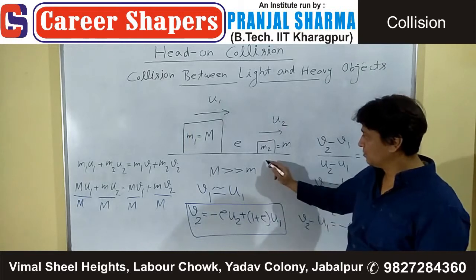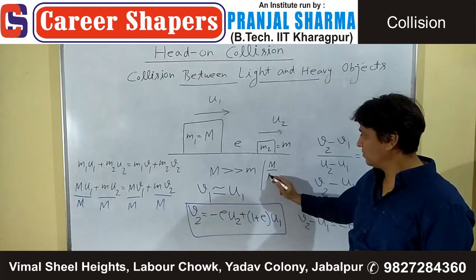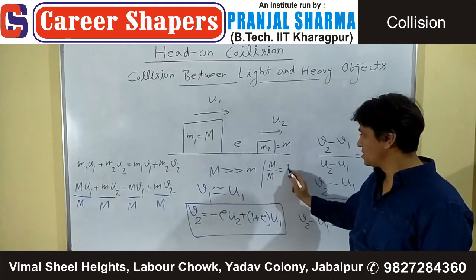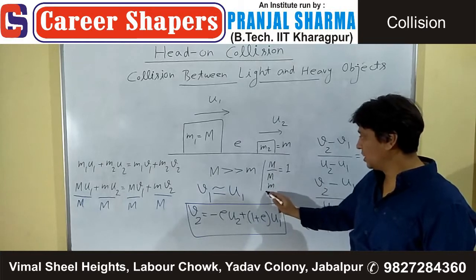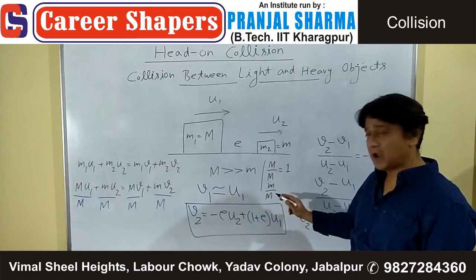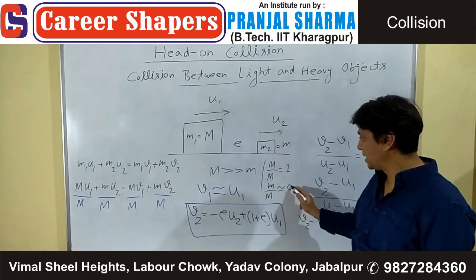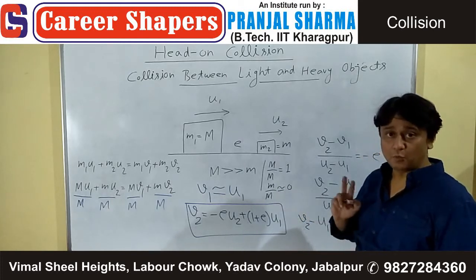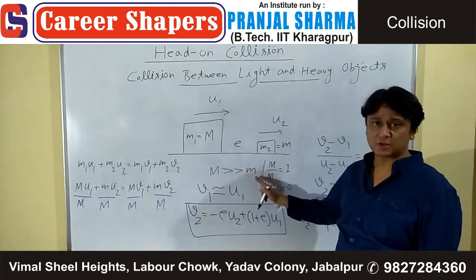If I ask you what is M upon M, you will simply say 1. Capital M upon capital M. But if I ask you what is small m upon capital M, then I hope you understand that small m upon capital M is approximately what? 0. When capital M is much larger than what?